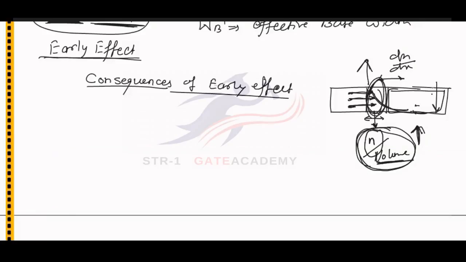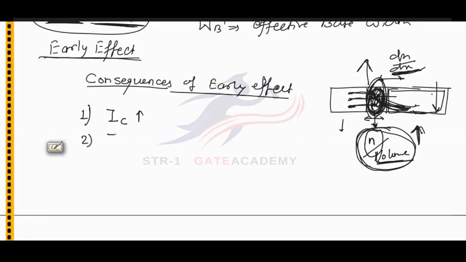Now if we decrease the effective base width, the first effect is that the concentration gradient will increase, and due to the concentration gradient, a large number of charge carriers will reach the collector, meaning collector current IC increases. If IC increases, the charge carriers recombining in the base region decrease, so base current IB will decrease.